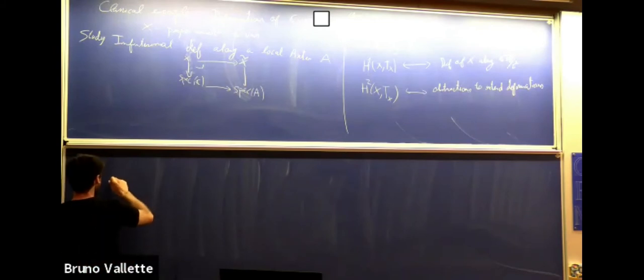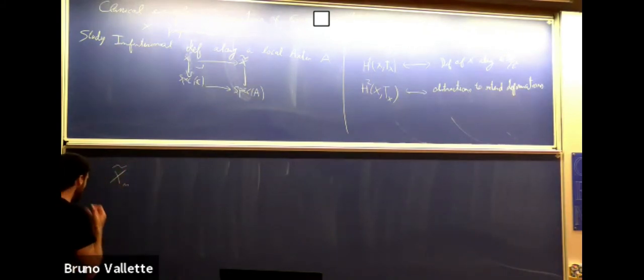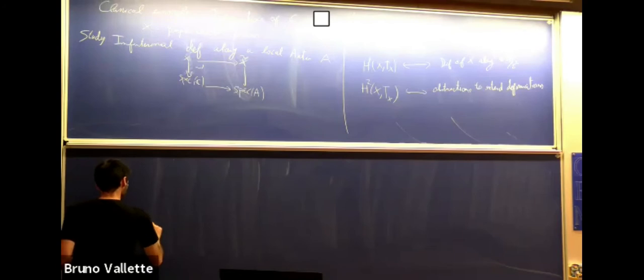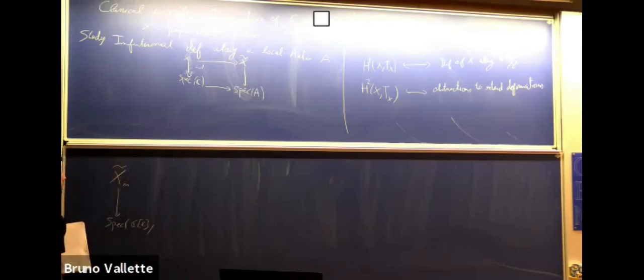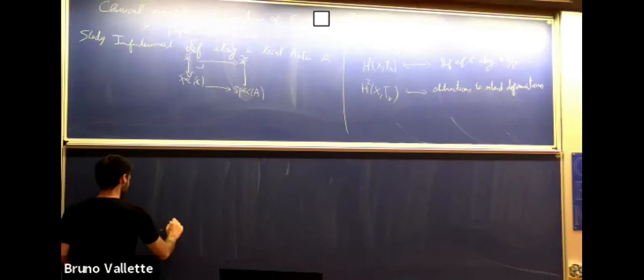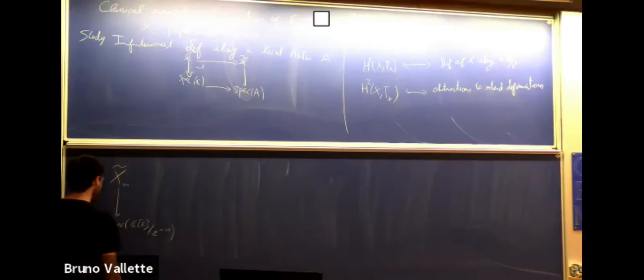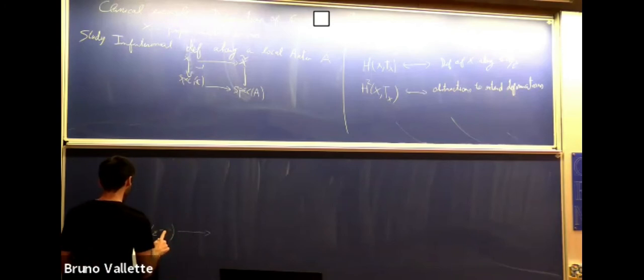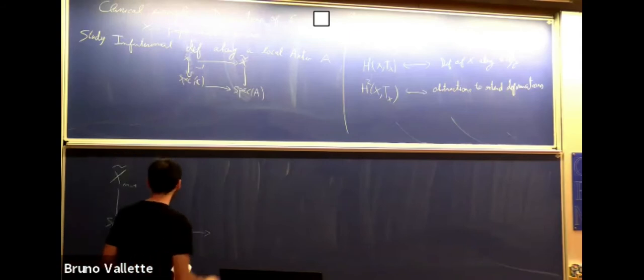So in the following sense, if you take an nth order infinitesimal deformation on X, something that is given by this map into Spec of C[epsilon] modulo epsilon^(n+1). Sorry, let's just do it like this so that I don't get lost in my notes.